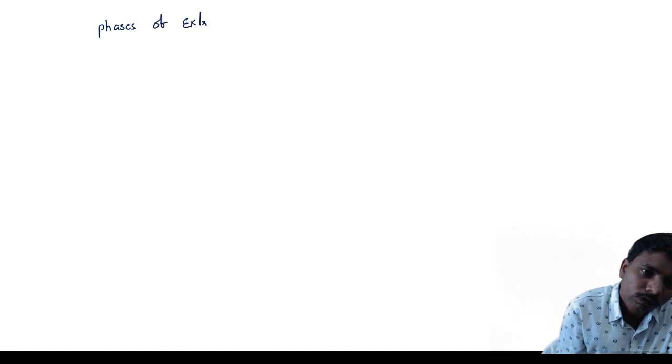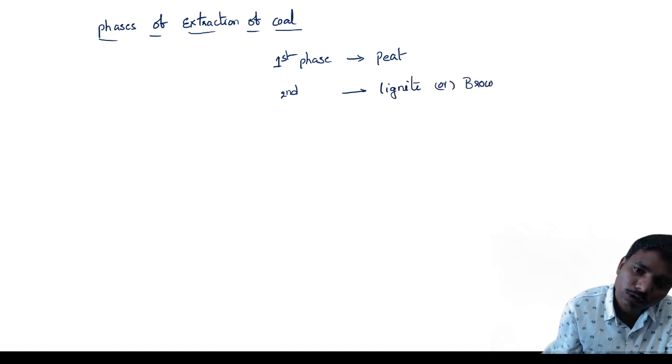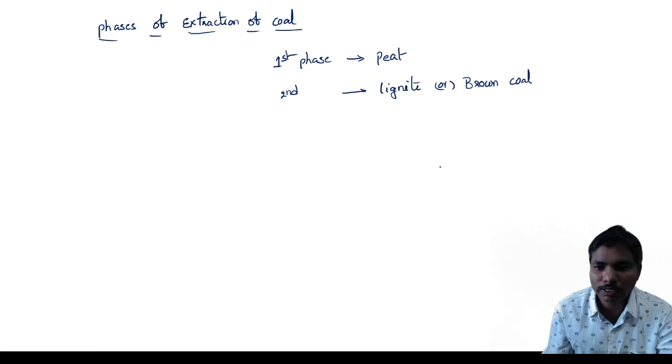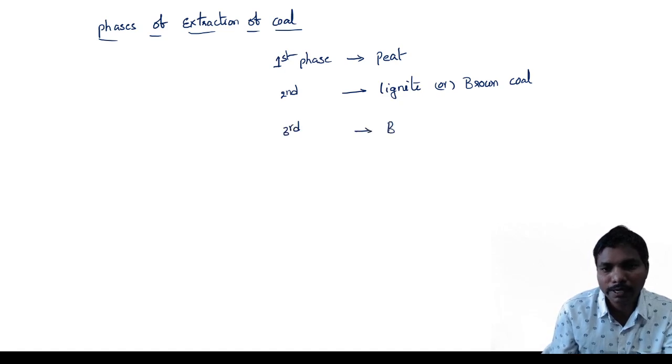The phases of extraction of coal: in the first phase of extraction, you will get peat. In the second phase, lignite. It is also called brown coal, because it is brownish in color. In the third phase of extraction, you will get bituminous.